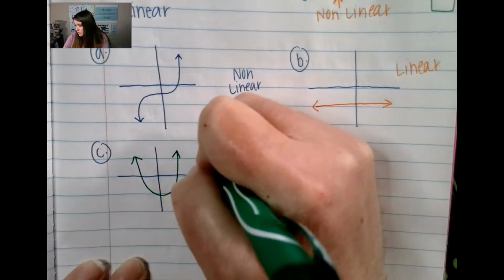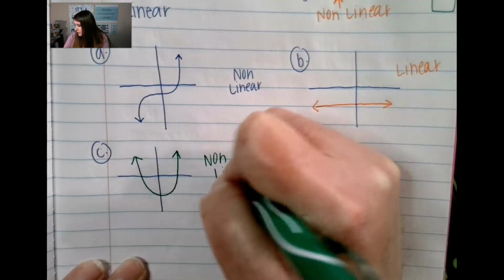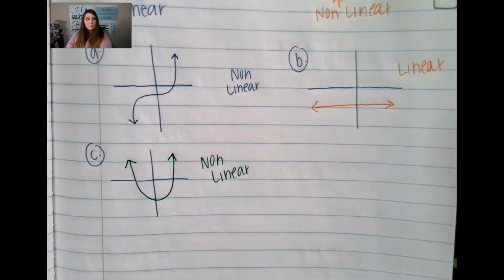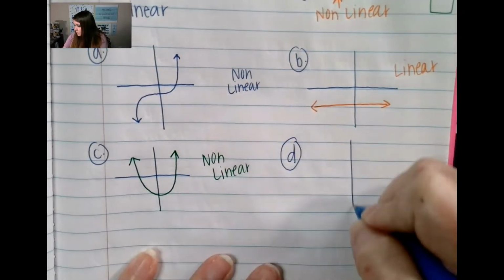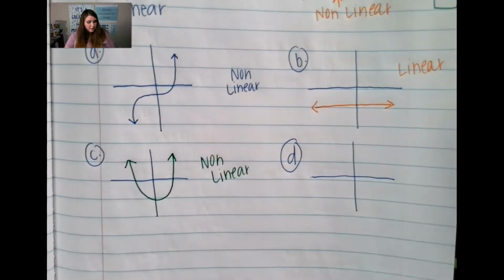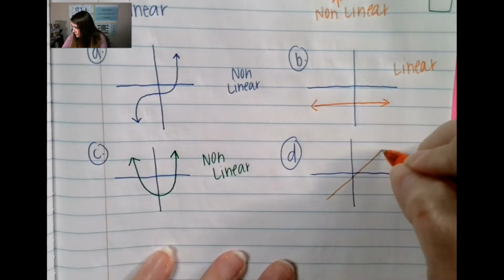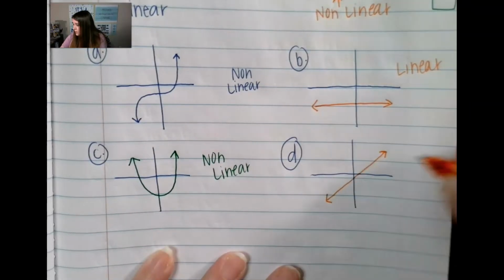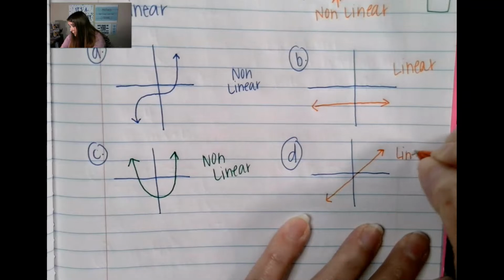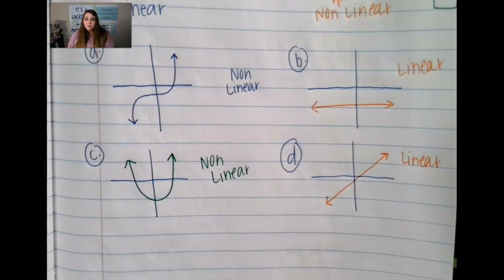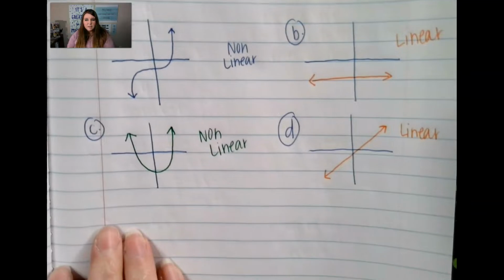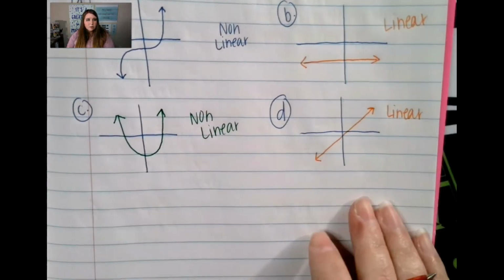Okay, and example D. Example D you all should know because it's what we've been working with always. This one is linear. It forms a line that doesn't use any extra x values, doubled, right?